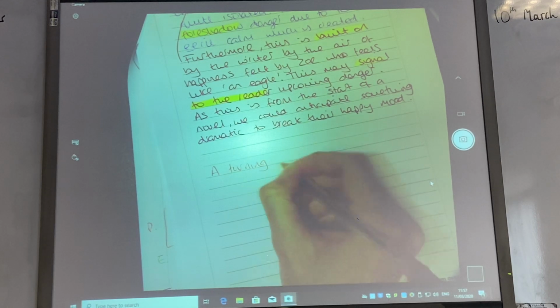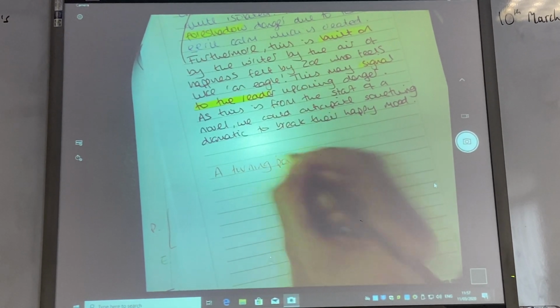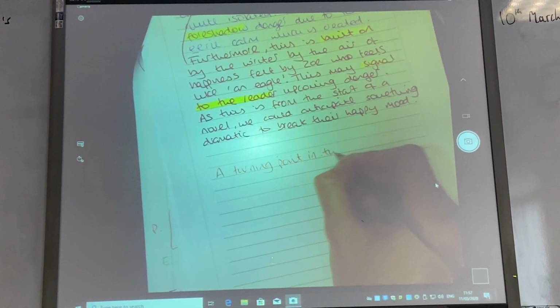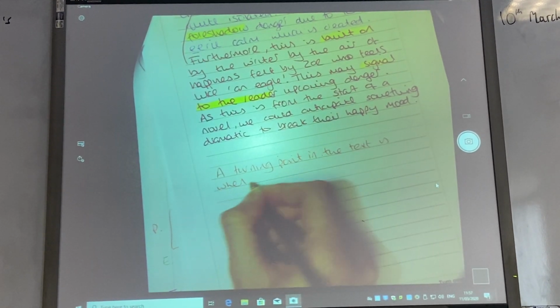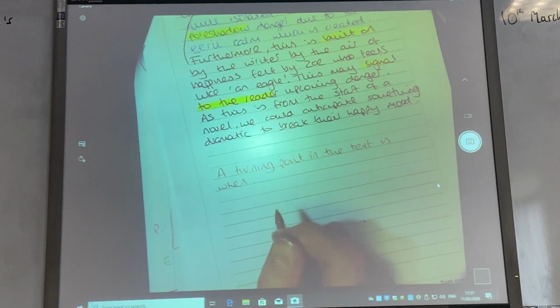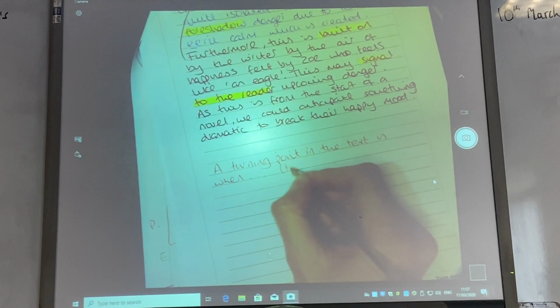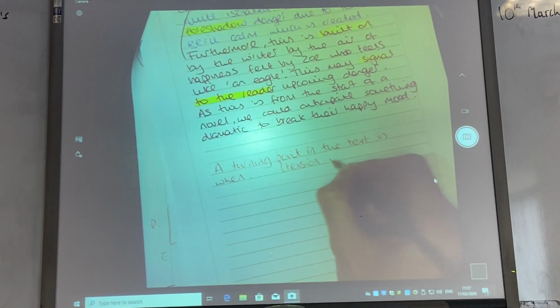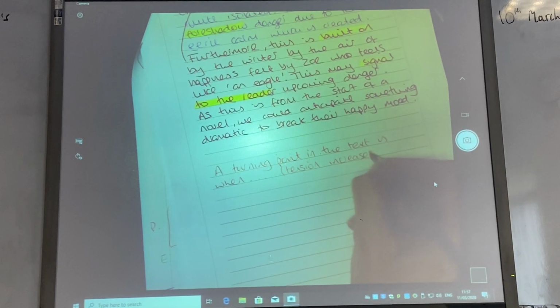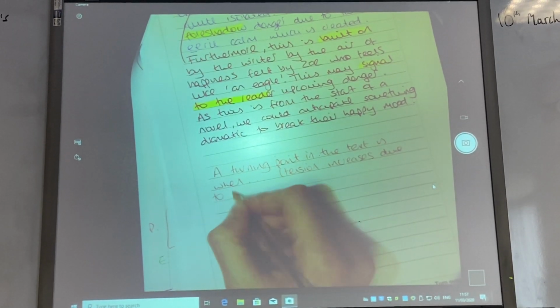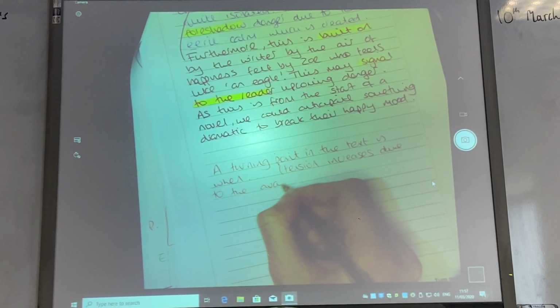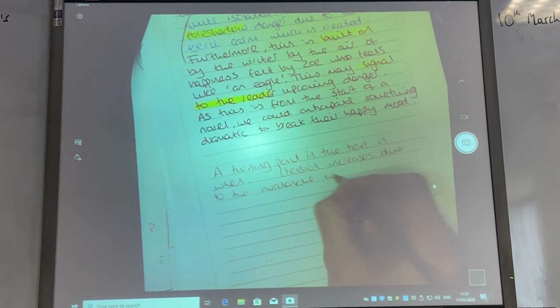A turning point in the text is when. So you could put there is when tension increases due to the avalanche coming.